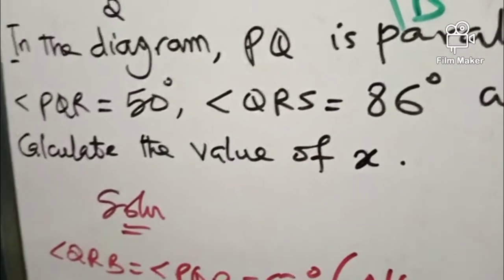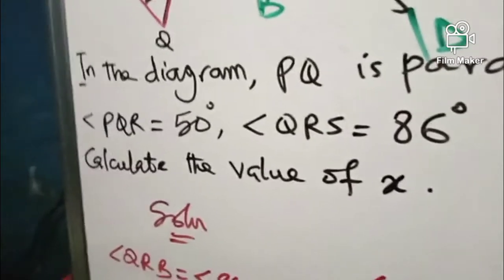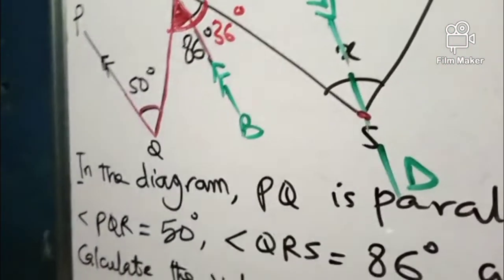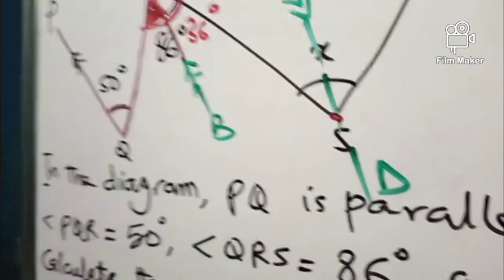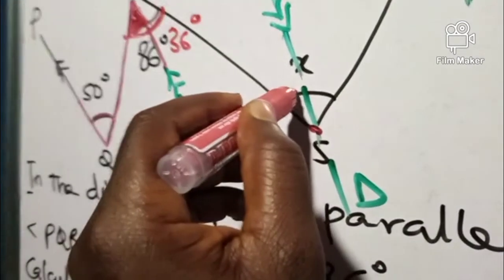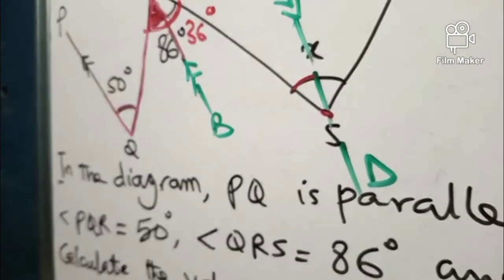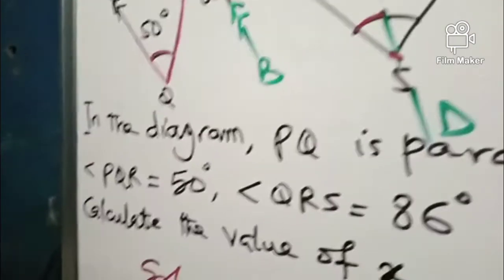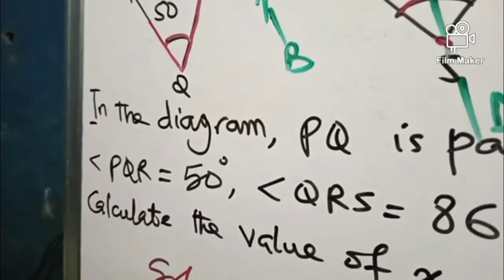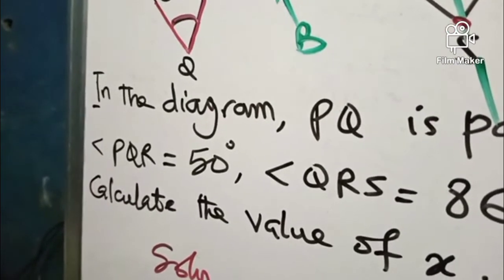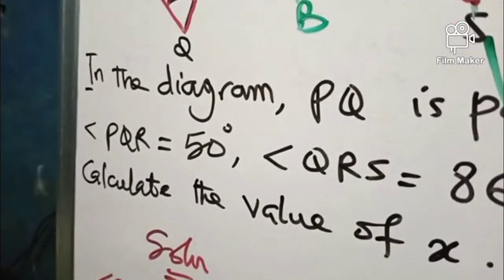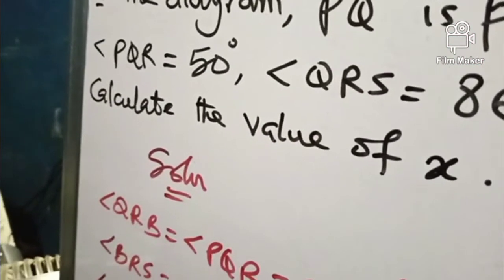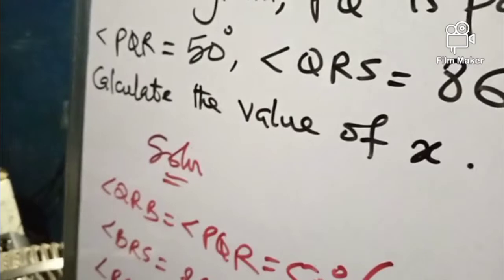Then, if that gives me 36 degrees, here I'm going to have 36 degrees. This 36 degrees and this angle here, they are alternate. Look at it, you can see that they form Z. So I can say angle RSC is equal to angle BRS, which is equal to 36 degrees.